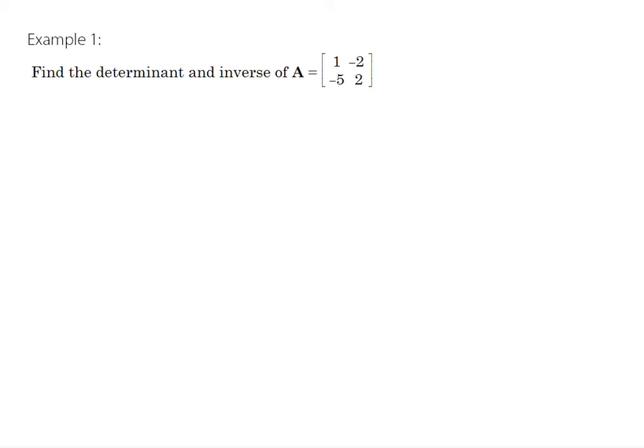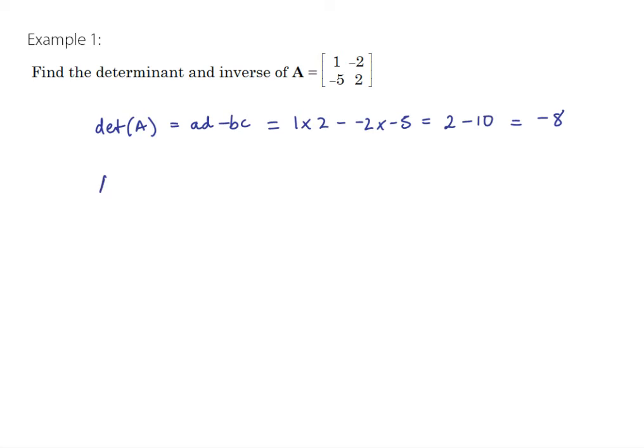Find the determinant and the inverse of A. So the determinant we know is AD minus BC. So that is going to be 1 times 2 minus negative 2 times negative 5, which is 2 minus 10, which is negative 8.